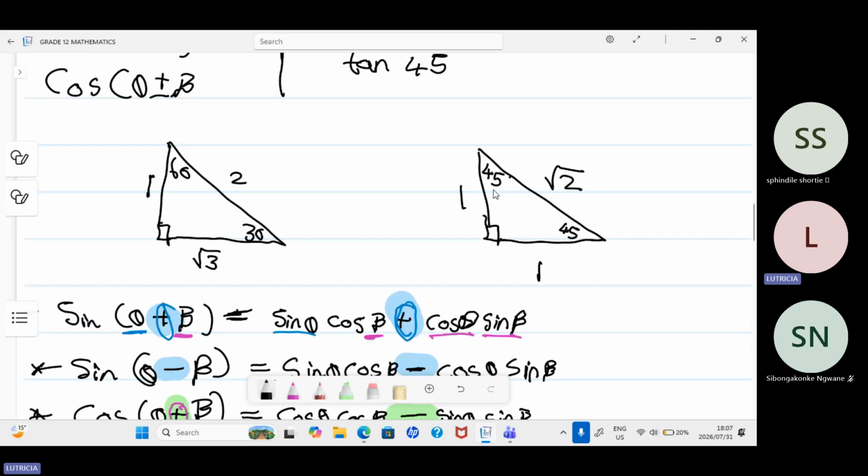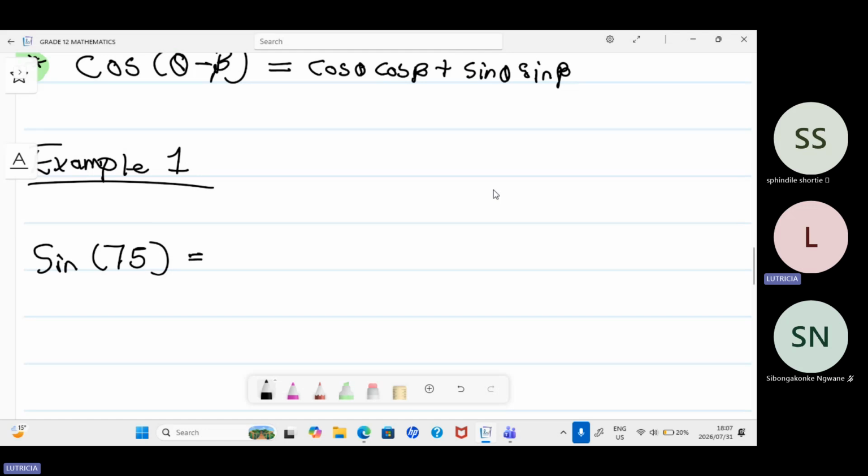When we go back to the triangles, we have a 30, a 60, and a 45. Other special angles are gonna be like 90, 180, but for now, let's focus on these ones.